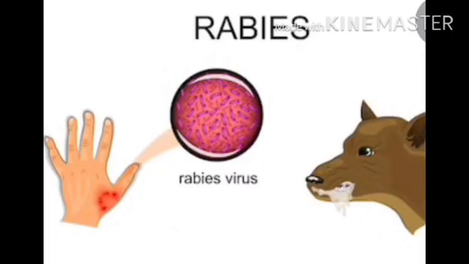General preventive measures: wash the bite with soap and water, apply antiseptic, take the full course of anti-rabies vaccination. Anti-rabies vaccine is the only cure from the rabies virus because it is a very dangerous disease caused by the bite of dog, cat, monkey, etc.